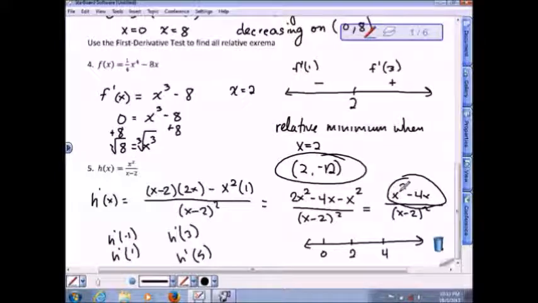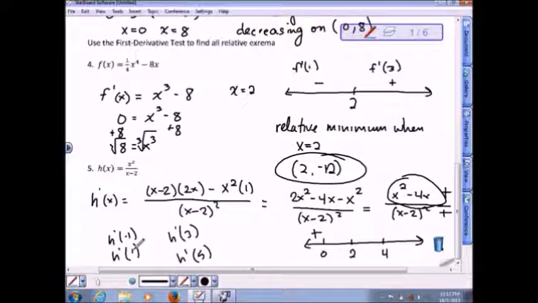So we plug in a -1. -1 squared is positive. -4 times -1 is positive. So we have a positive in the numerator. Now, the denominator is being squared, so regardless of what happens in the parentheses, squaring it always becomes positive. So the denominator will always yield something positive. Positive divided by a positive is a positive interval.